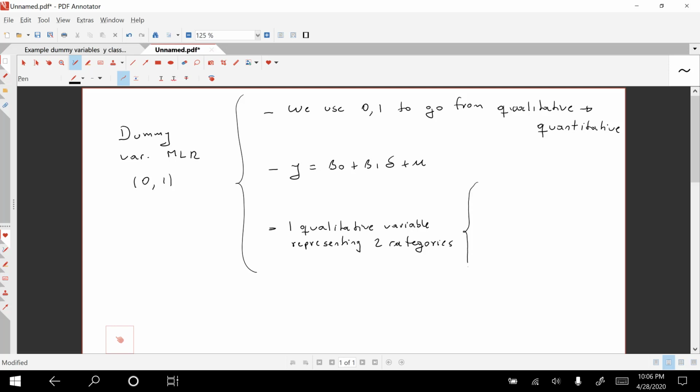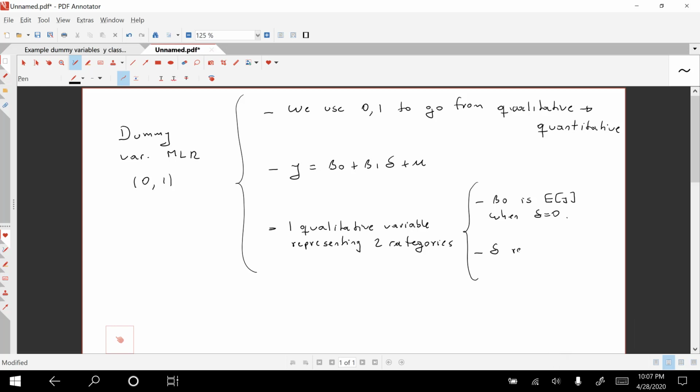Okay, so we say, well, if that's the case, then for interpretation purposes, beta naught is the average value of y when delta is equal to 0. That's the same as before.